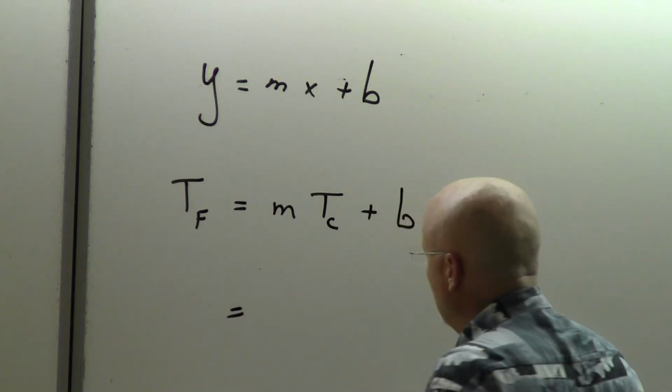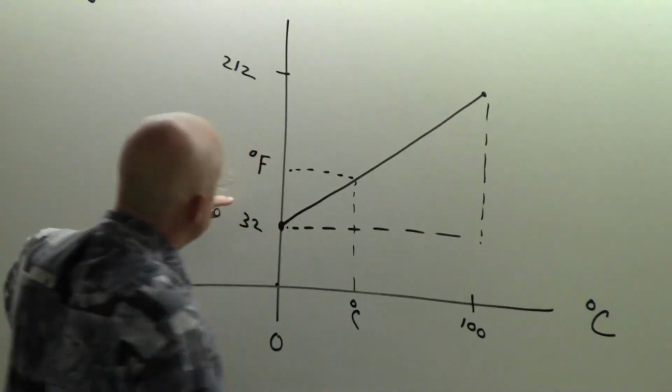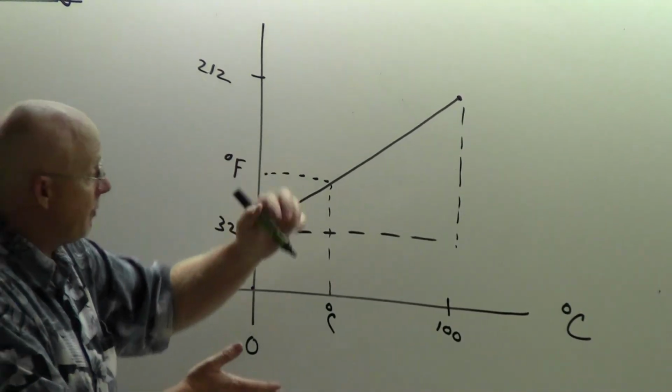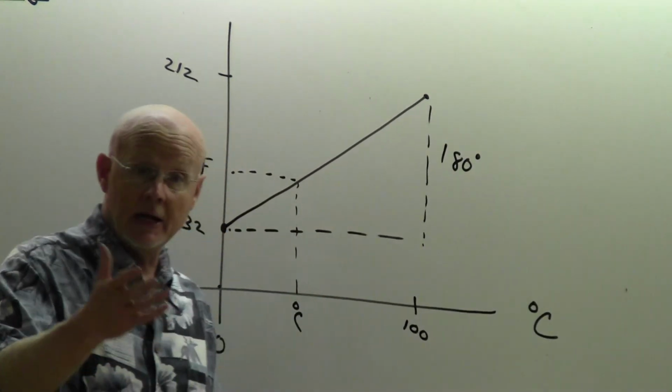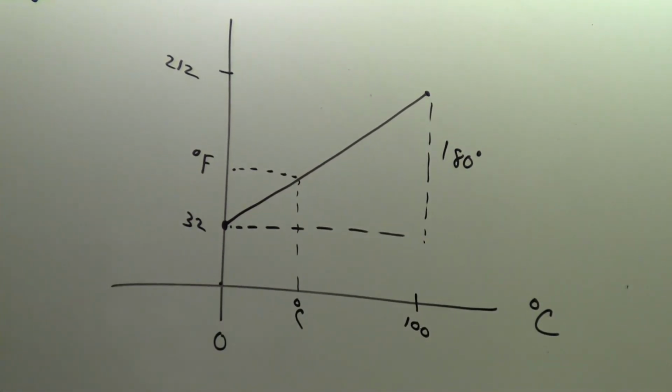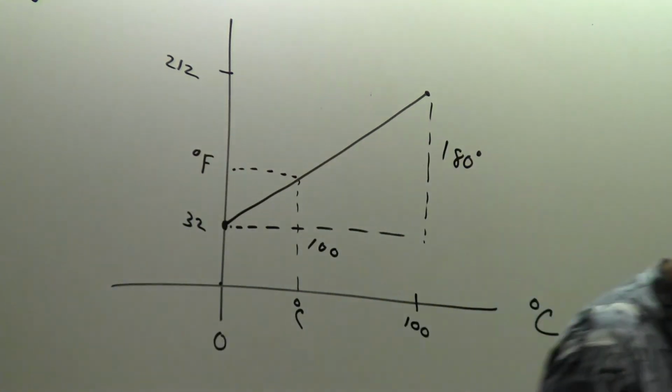So all I need to do is put in the slope. The slope would be the rise, which from ice water to boiling water was set up as 180 degrees. The run, again ice water to boiling water, was set up at 100 degrees for the Celsius.